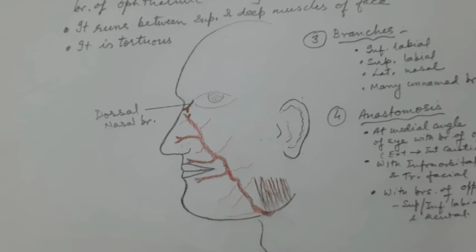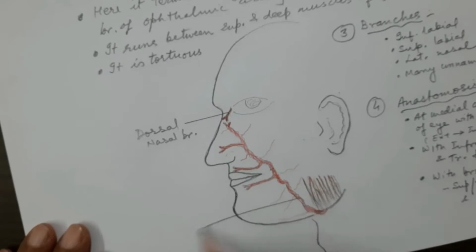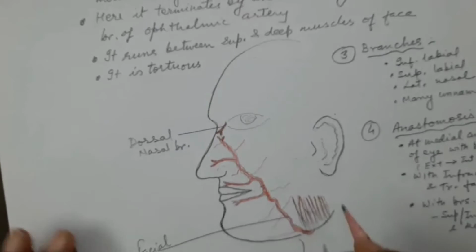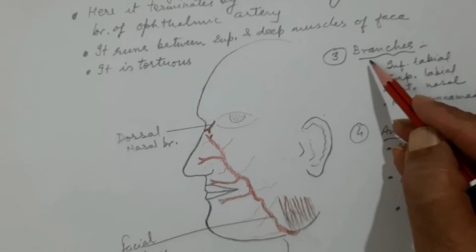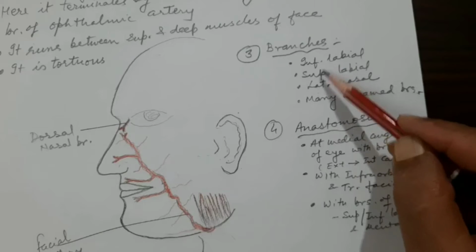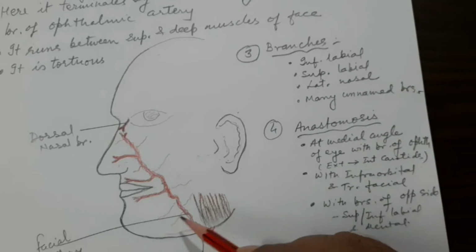Now let us come to the branches of this facial artery. I will write here, facial artery in face. This is the facial artery. Let us come to the branches. There are three major named branches, but then there are many unnamed branches.